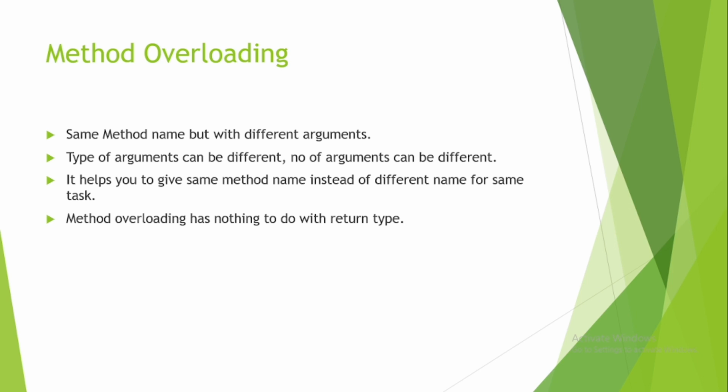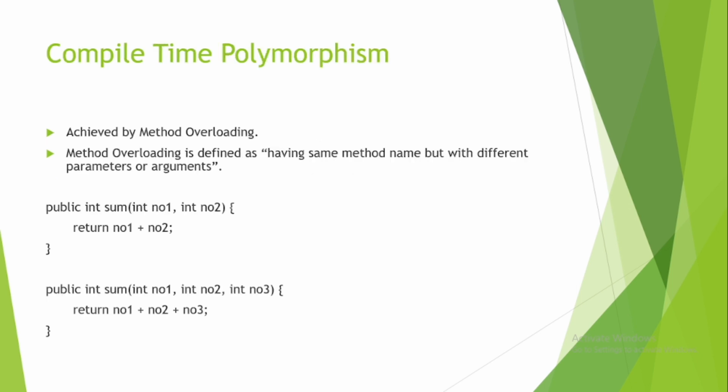And also, in interviews, this is the point where the interviewer confuses you: method overloading has nothing to do with return type. In this example, public int sum(int number1, int number2), if you create one more method, public long or public void sum(int number1, int number2), and you think that is also method overloading, no, that is not method overloading.